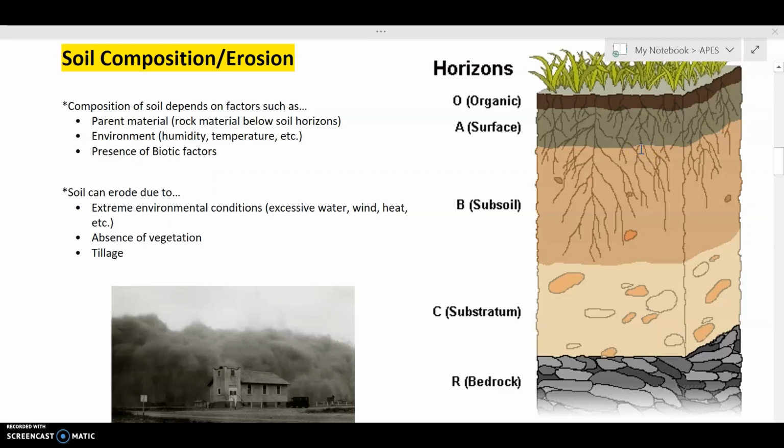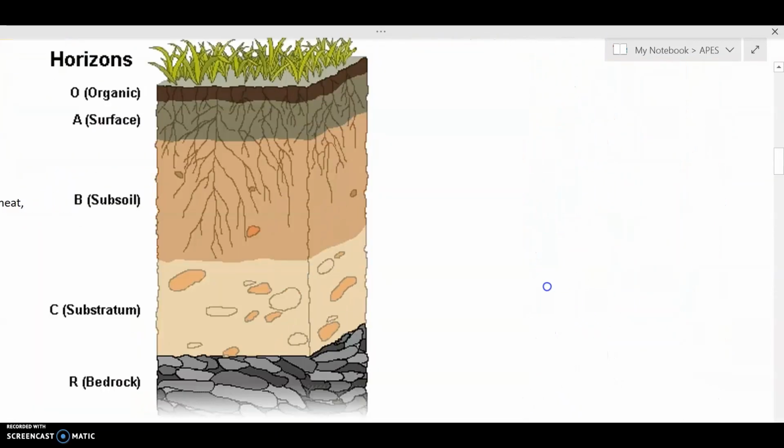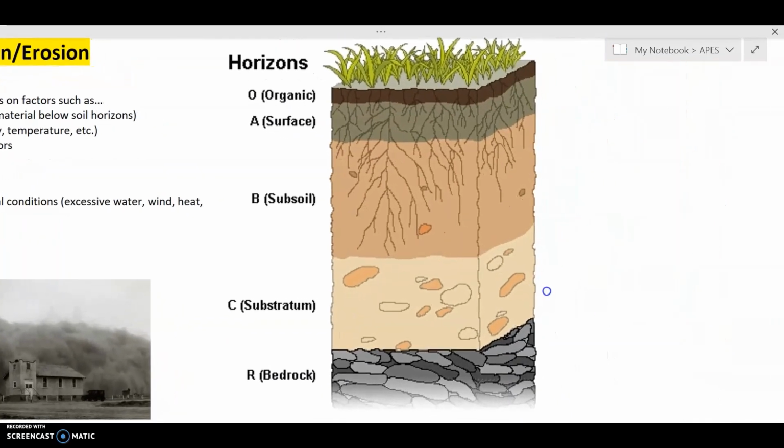Okay, so here are the soil horizons, to our right. It's pretty simple. These are the horizons. Just know that at the top is our organic layer. The organic layer is the most nutrient dense, because this is where all the organic material collects.